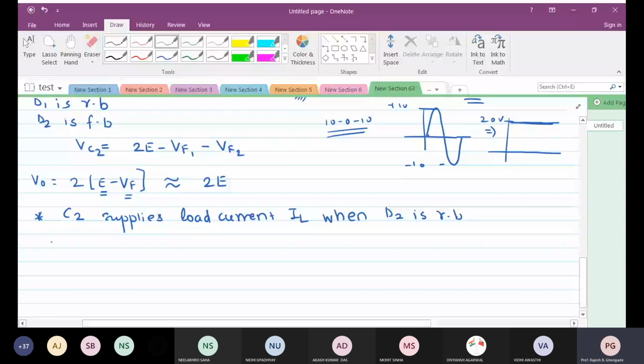But what about C1? C1 supplies 2 times IL when D2 is forward biased.